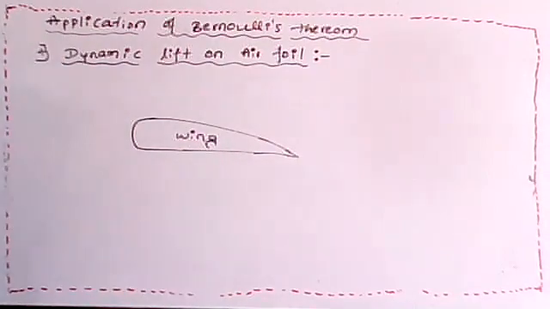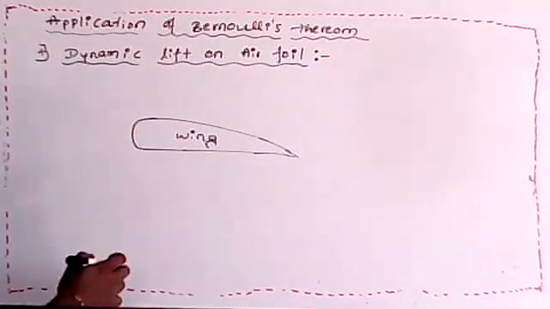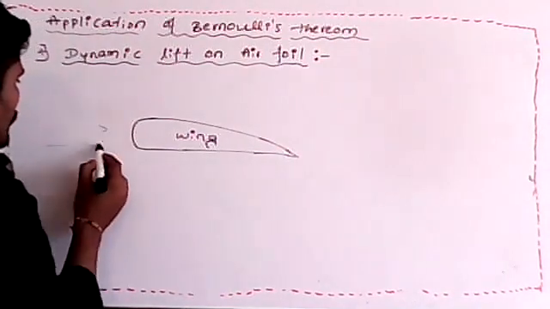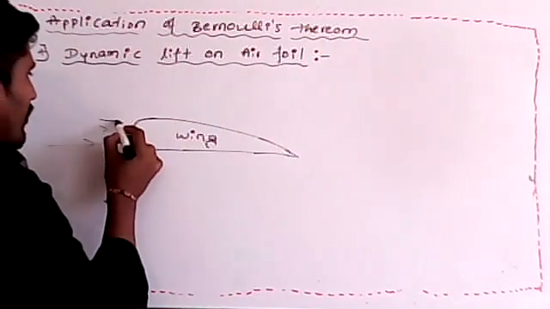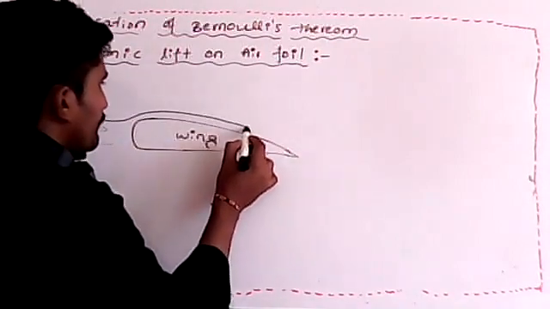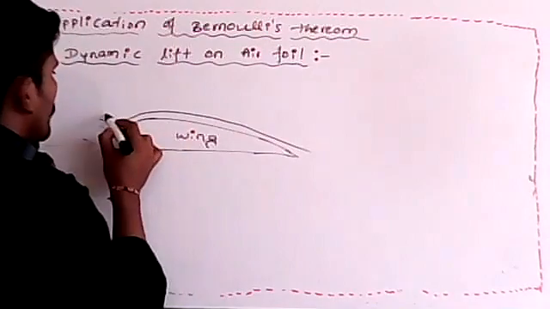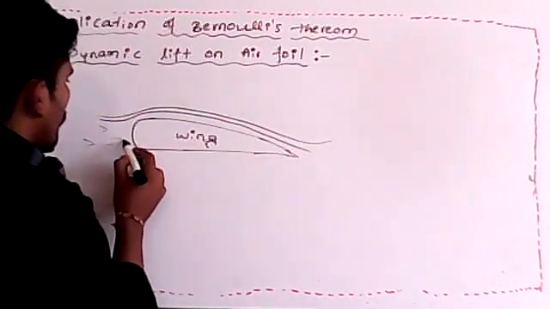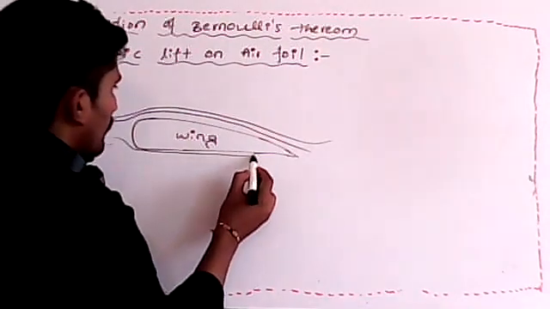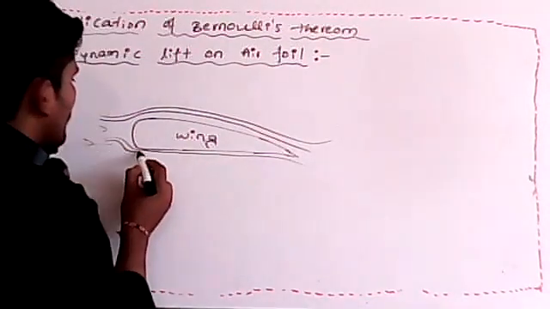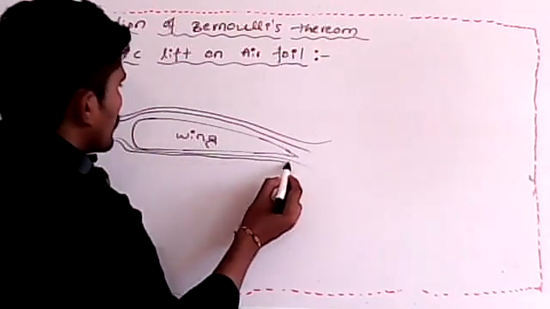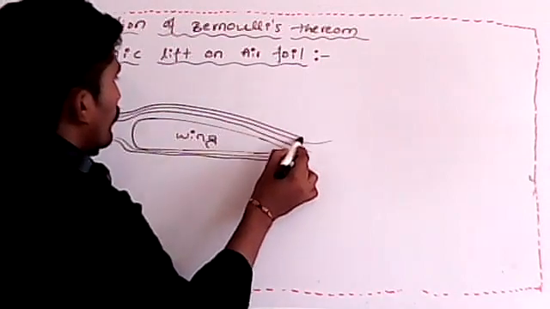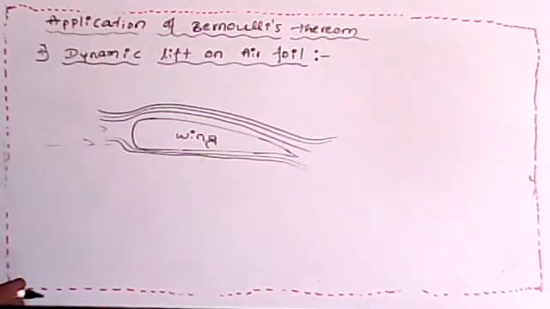But remember students, in this particular case, when air comes in this way, the air molecules will flow in this way, and in this way the air molecules will come out.